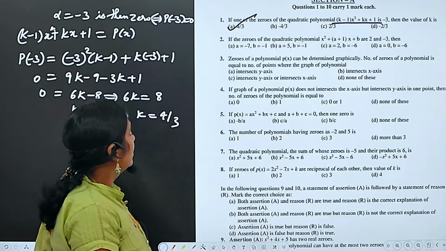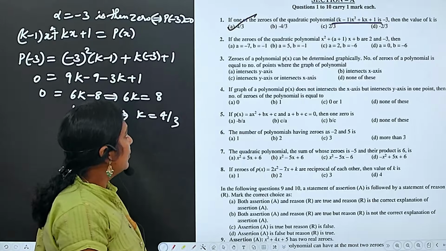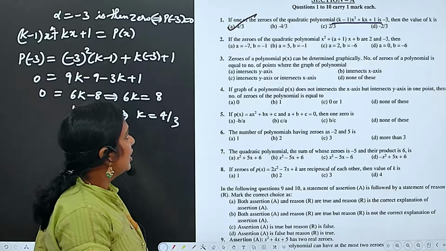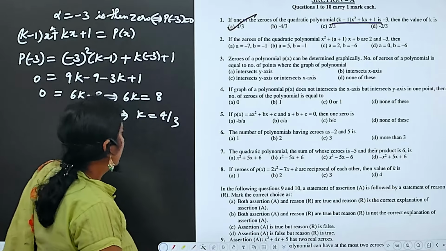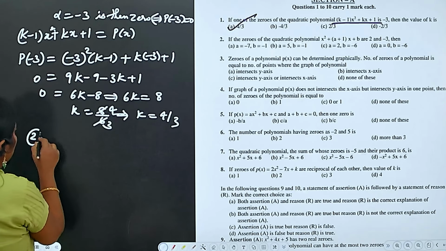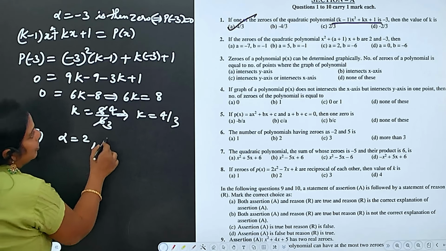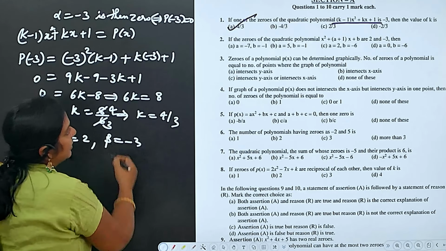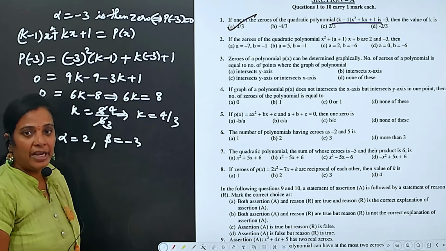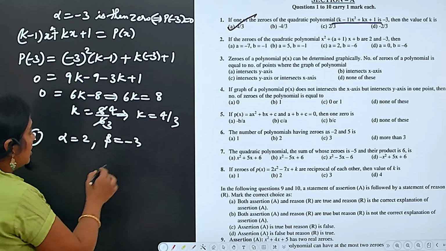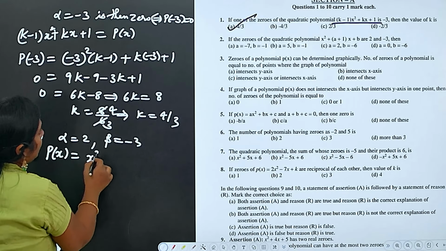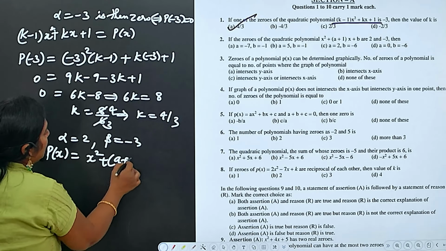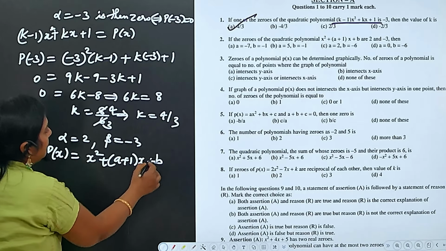Second one. If the zeros of the quadratic polynomial x square plus a plus 1 of x plus b, the zeros means alpha equal to 2, beta equal to minus 3. Then find out a and b values. So what is the polynomial? P of x equal to x square plus of a plus 1 into x plus b.